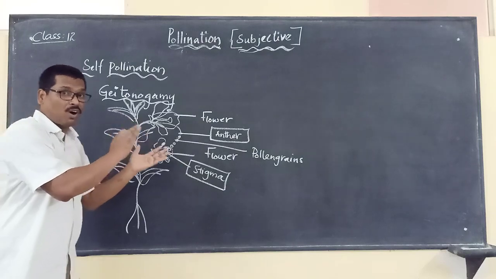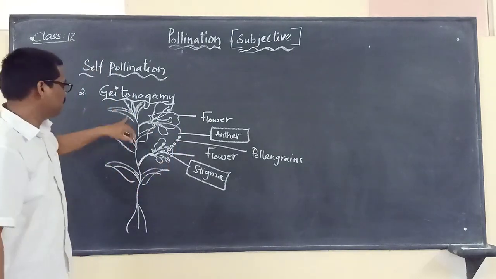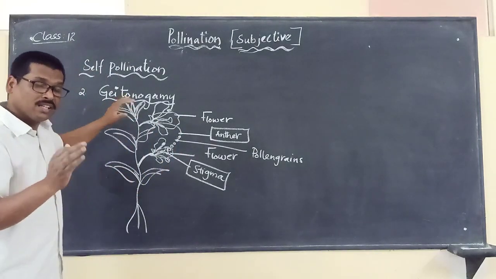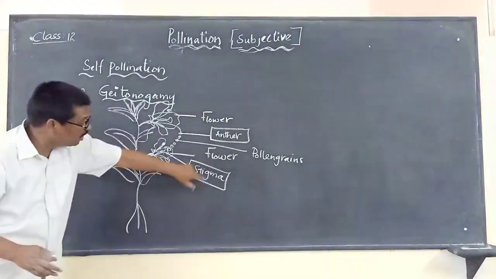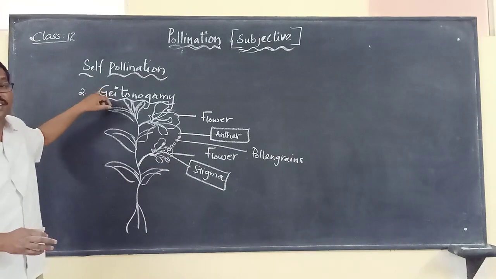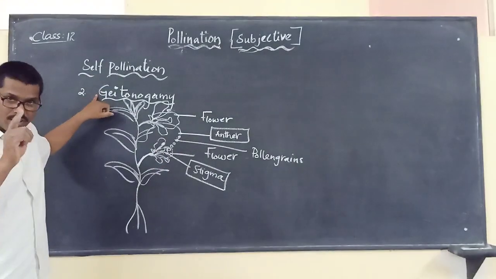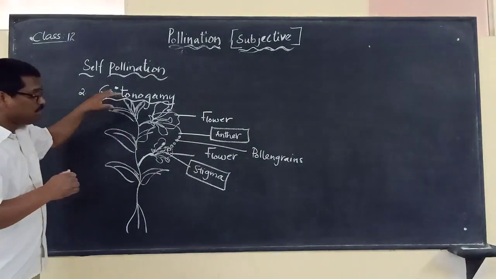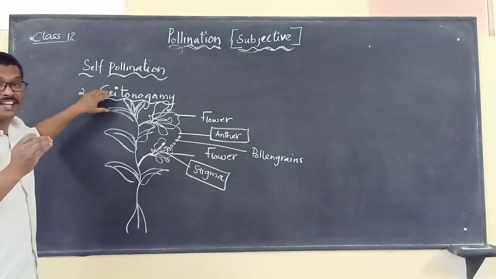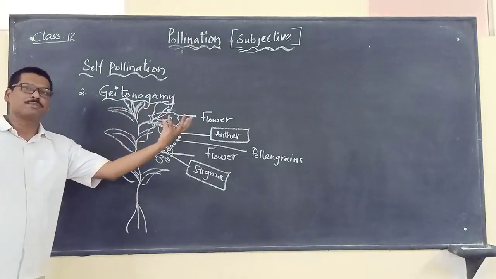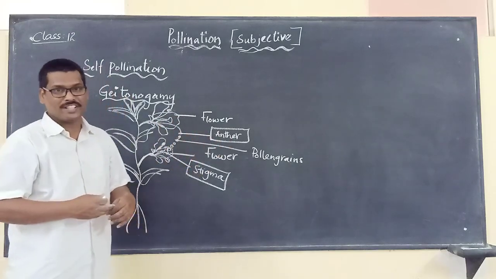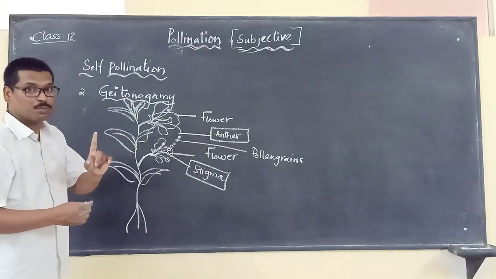What is the difference between autogamy and geitonogamy? Geitonogamy means transfer of pollen grains from the anther of one flower to the stigma of another flower. Although geitonogamy is functionally cross-pollination, it is actually like cross-pollination. What we said, if it is taking place between two flowers, it is cross-pollination. But please remember this word.